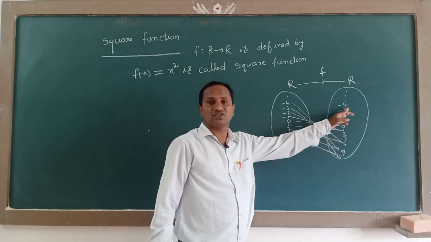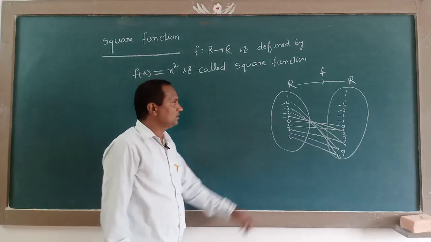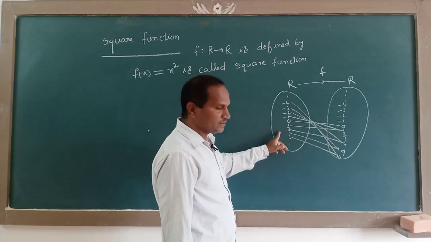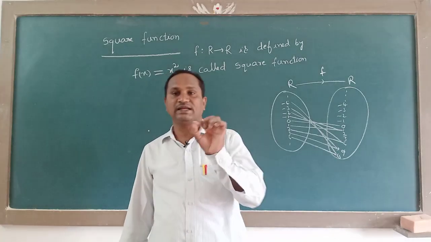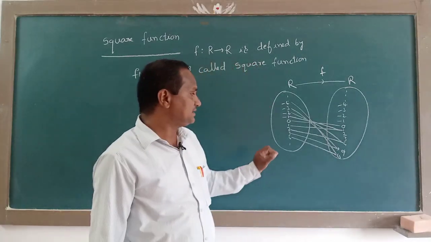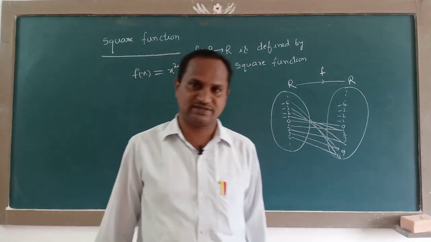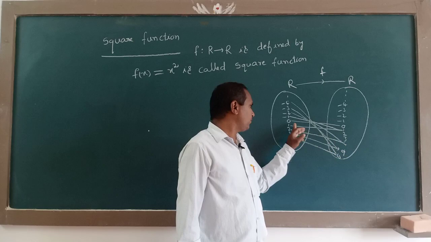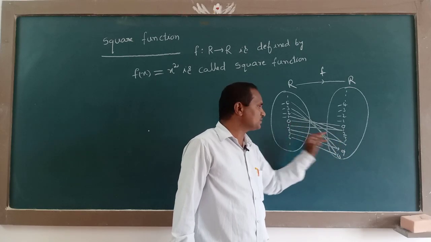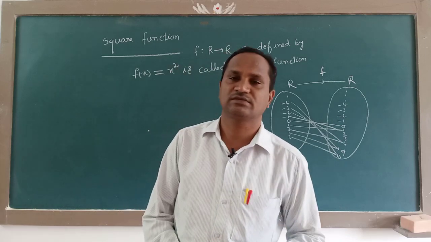But here negative numbers will not come on the right side. Domain is the set of all real numbers, and codomain is also the set of all real numbers. But range is different. Range is always the set of all positive real numbers. Numbers like 1.2 whole squared, 1.5 whole squared also come there.